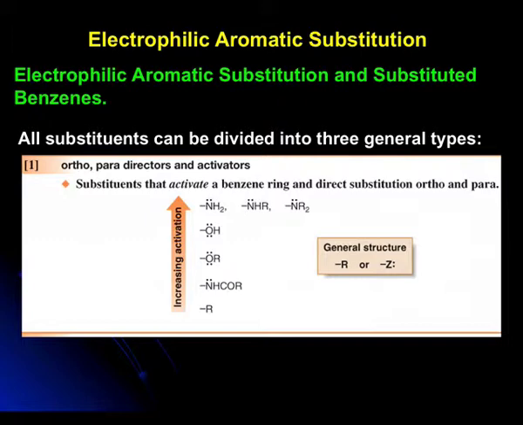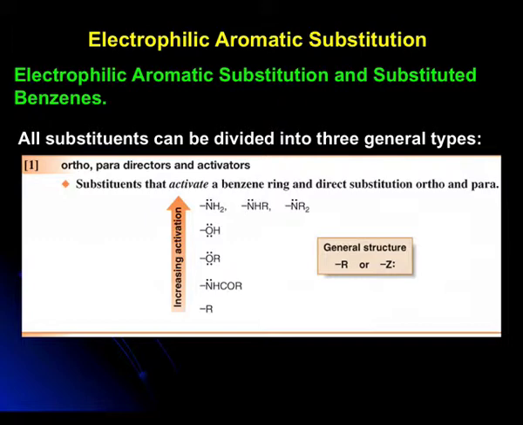So if Carl came into the lab with a sample of methylphenyl ether, so aromatic ring, oxygen, methyl group as an ether, would you predict that that's an activator or a deactivator? What do you think, Rose?